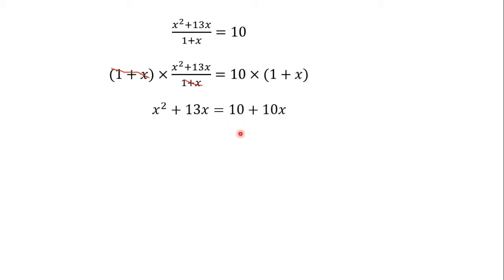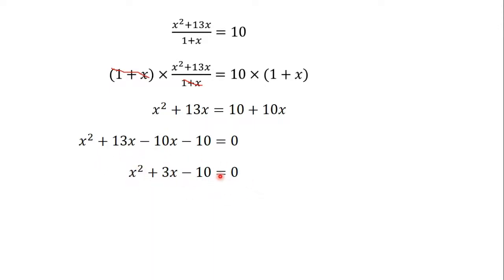Now let's group like terms and simplify, or let's arrange it well so that we can solve the quadratic equation. And this is going to be x squared plus 13x minus 10x minus 10 is equal to 0. This will give us x squared plus 3x minus 10 is equal to 0. So this is our quadratic equation.